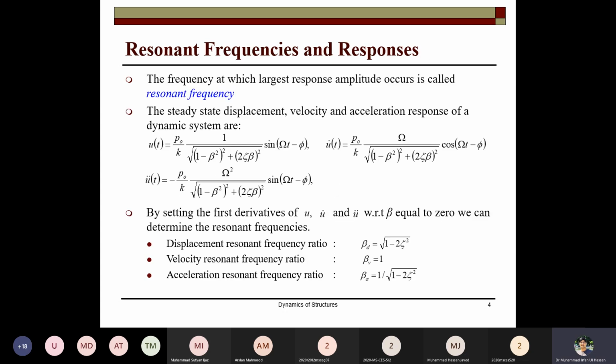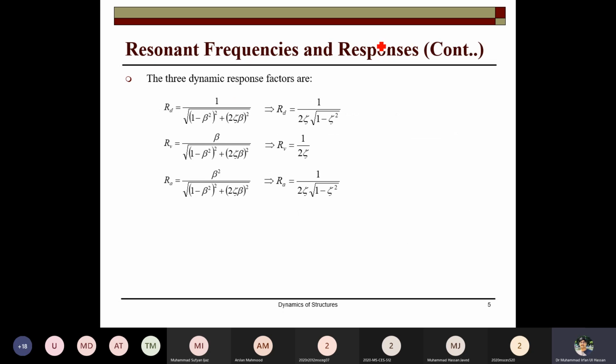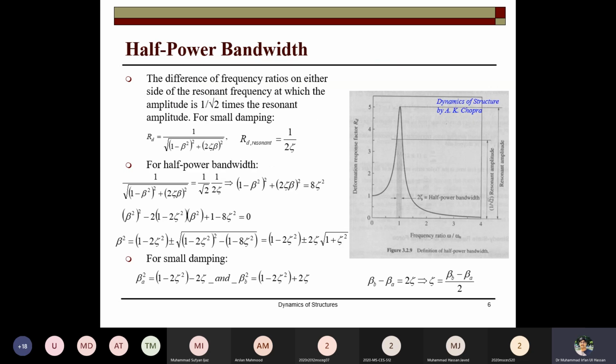The three dynamic factors, the response factor equals this one, and by putting beta equal to 1, these come out to be this one at the resonance. So this is the resonant response for the frequencies.